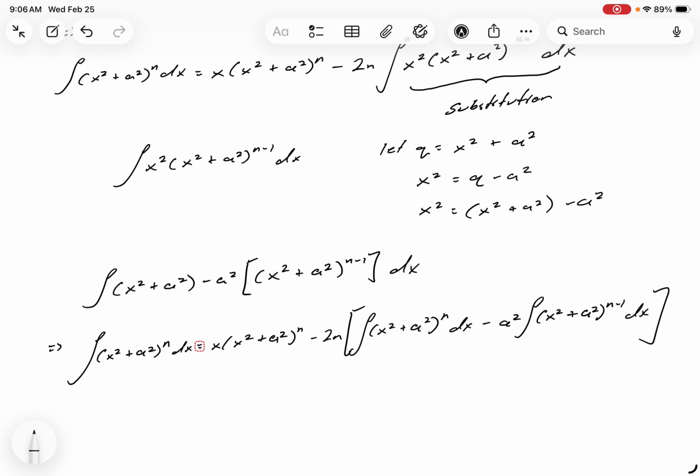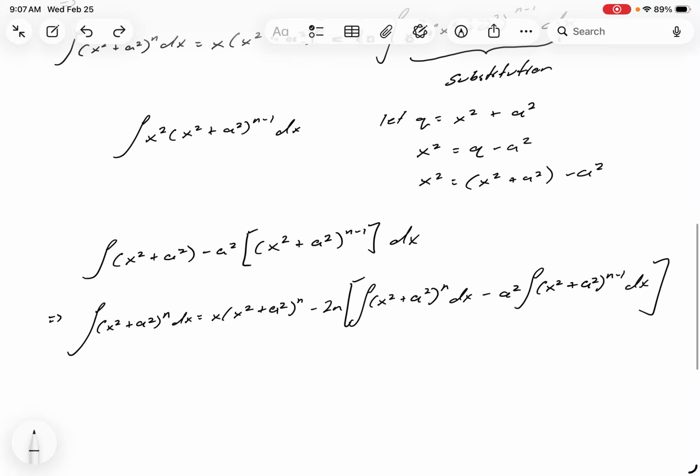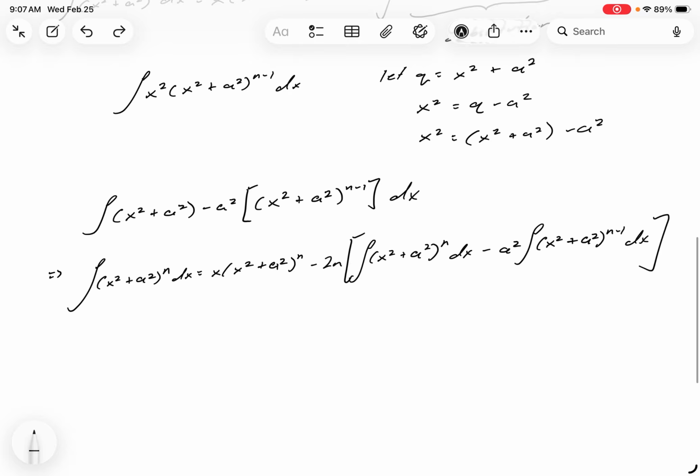If you guys don't know where I got this from, I basically just used the distributive property. I just multiplied this and put it here. This is just this multiplied, right? So just go ahead and use the distributive property to get this, and then put it into your formula.